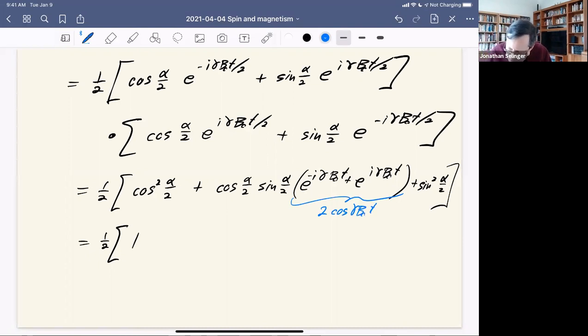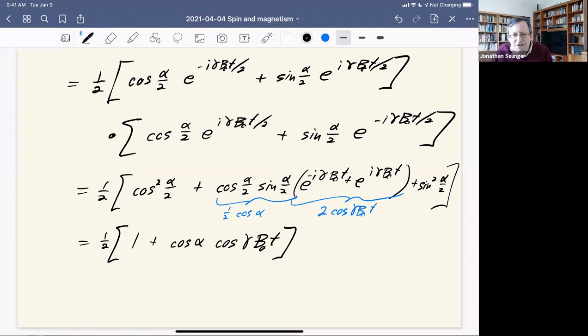And this is 1/2 times 1 plus cosine alpha cosine gamma B naught t.